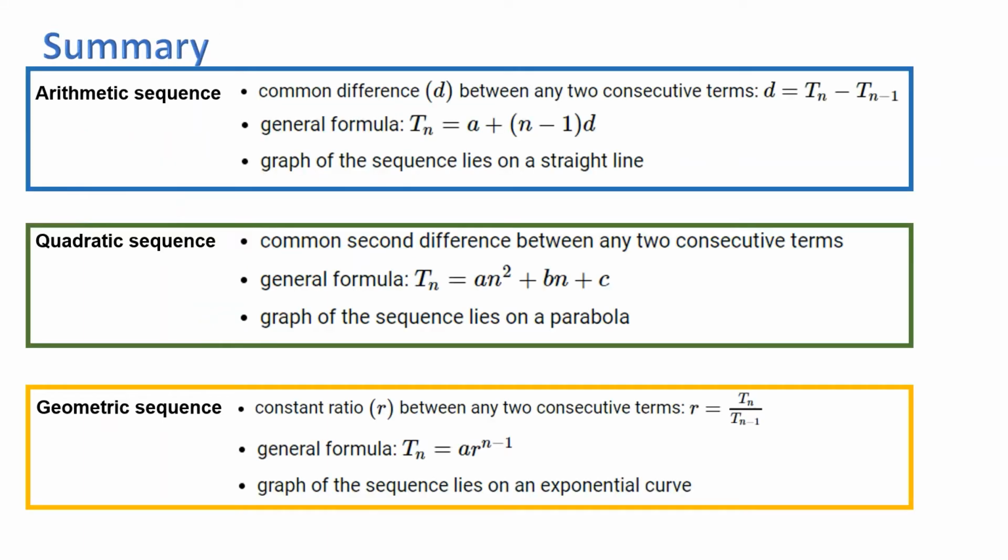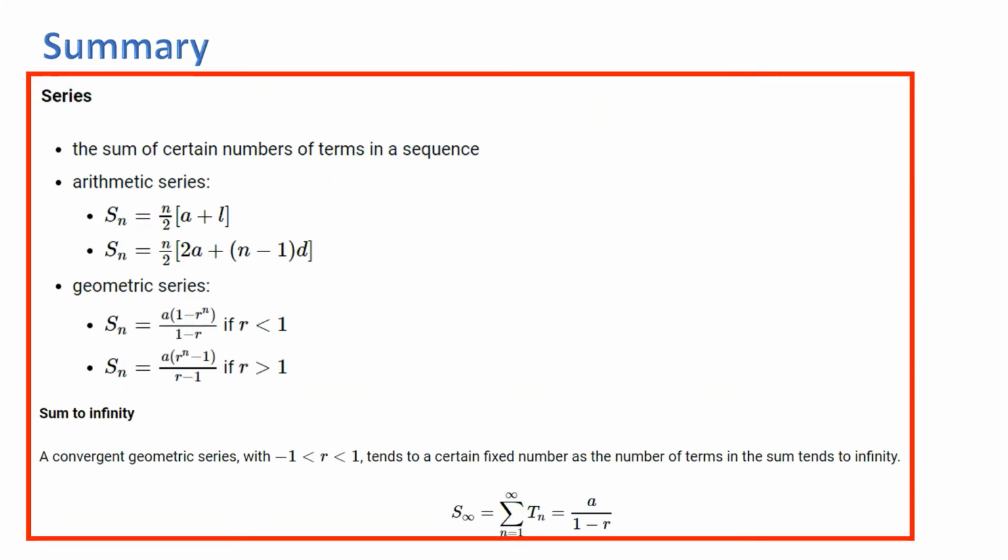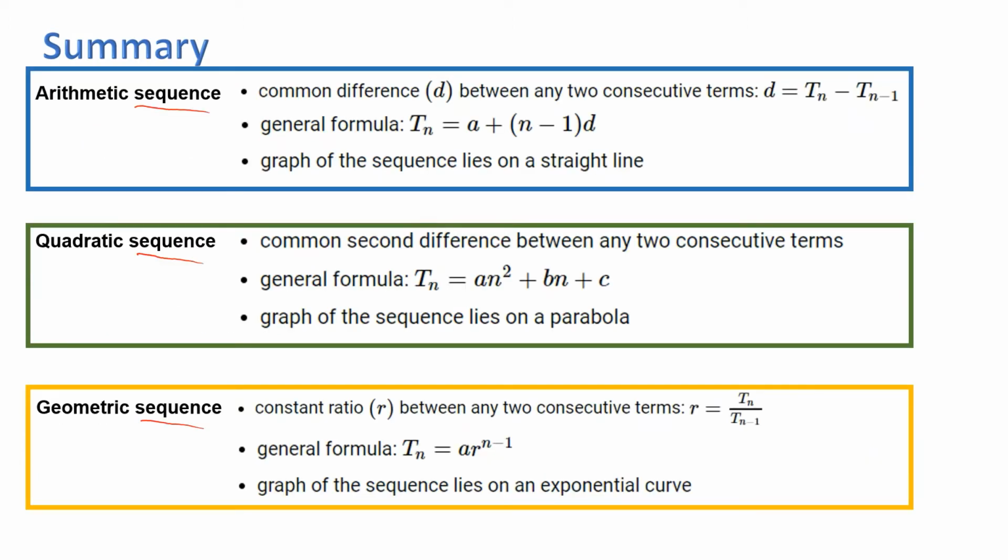So to summarize, I'd like to draw your attention to this slide over here, which I thought was nice. We have sequences and we have series. Then we differentiate between an arithmetic sequence, a quadratic one, and a geometric one.